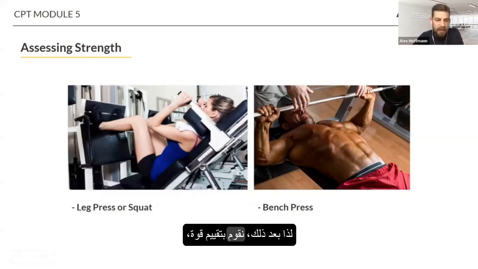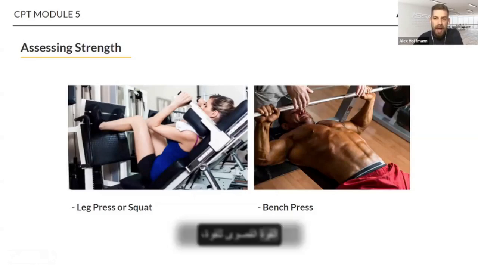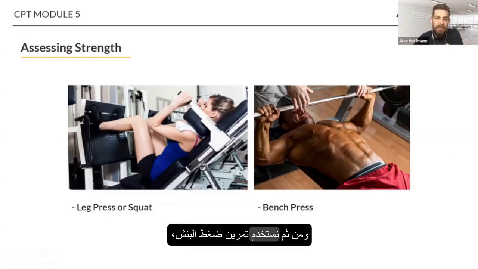So next up, we'll discuss strength assessments here. When we're discussing strength assessments, we're discussing maximal strength assessments for a client. So typically we would use a leg press or a squat for lower body maximal strength test, and then we would use a bench press for upper body maximal strength test.